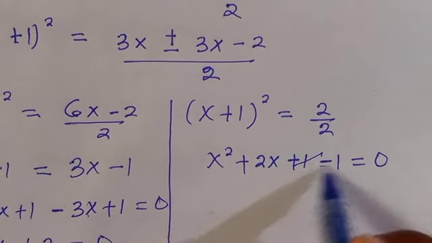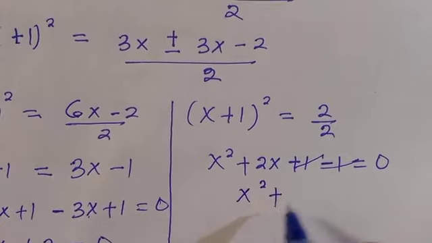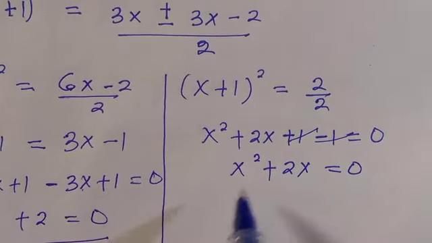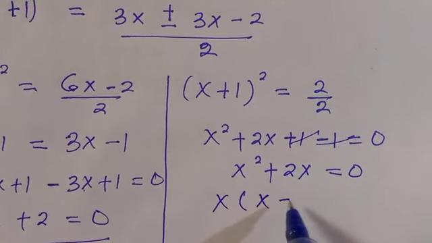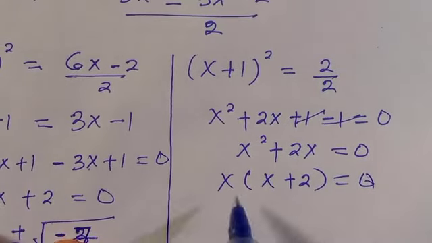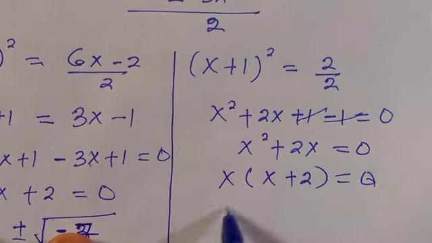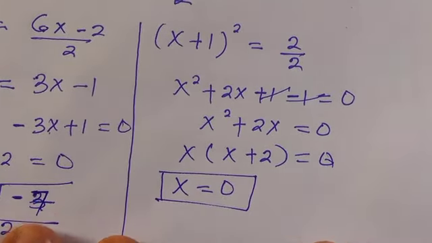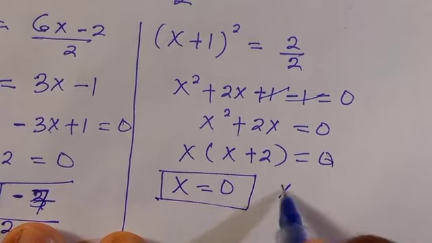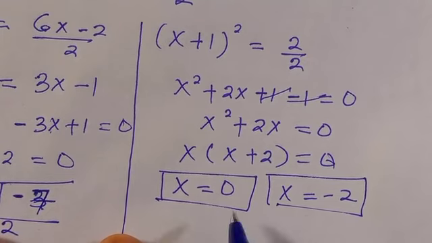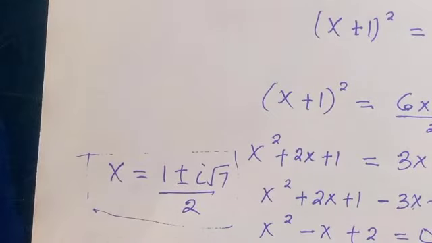So we have this cancelled, and here is x squared plus 2x equals 0, and by taking out x, we are left with x(x+2) equals 0, which means that x equals 0 or x plus 2 equals 0. So x equals 0, which is the real root, and x equals minus 2. So we have two real roots, and we also have two complex roots.